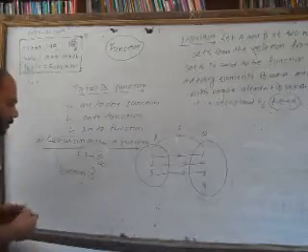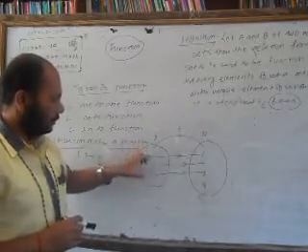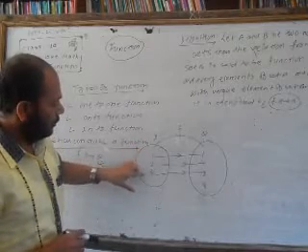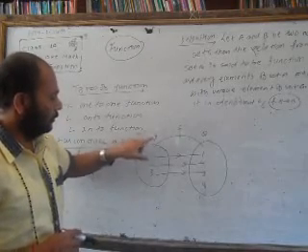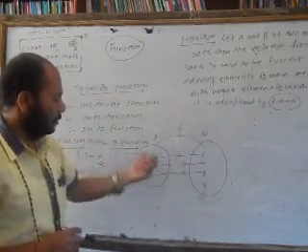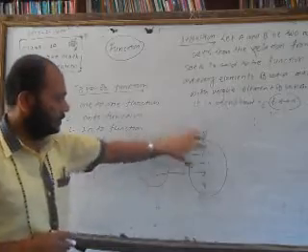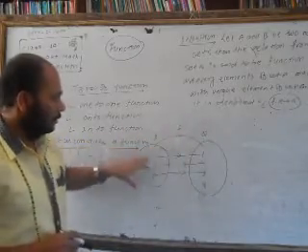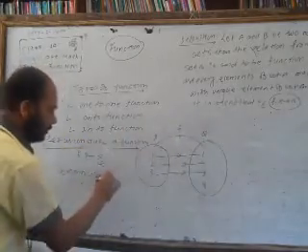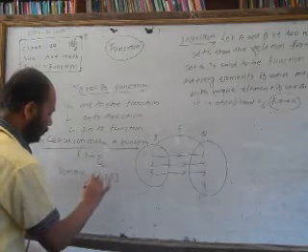Domain: the set of all the elements of the first set is called the domain. Here in this function, what is the domain set? Here the domain set is 1, 2, 3.